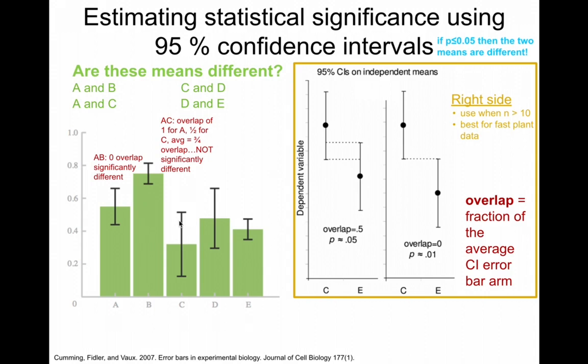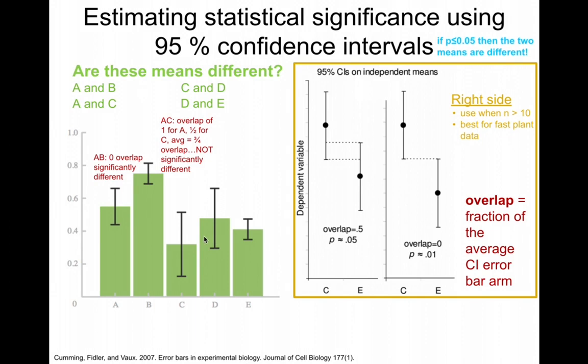And so if you look at this arm for C and you look over at D, well, the entire arm is overlapping the error bar for D. So that would be one arm of overlap for C. And if you look at D, there's definitely more than one arm of overlap for D. So we can tell that the average of the overlap for both C and D is going to be well above one arm.